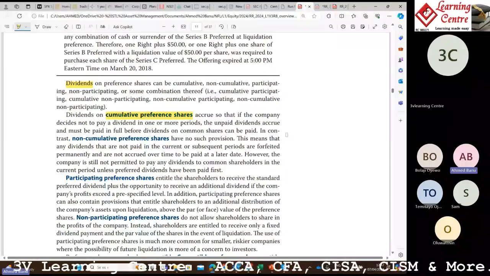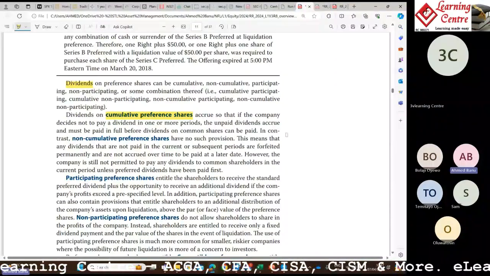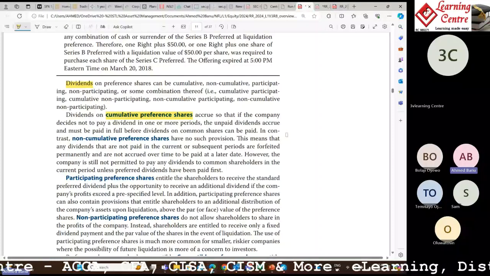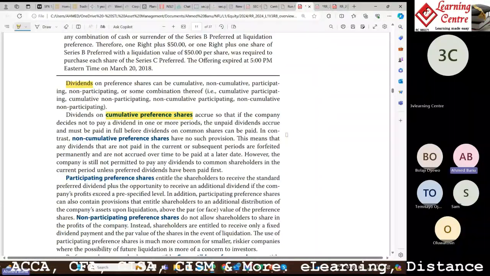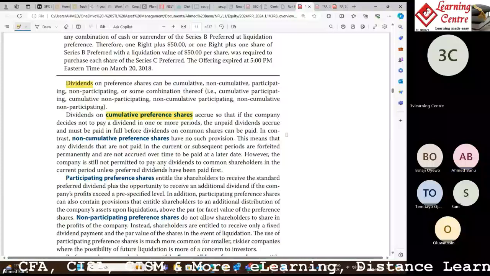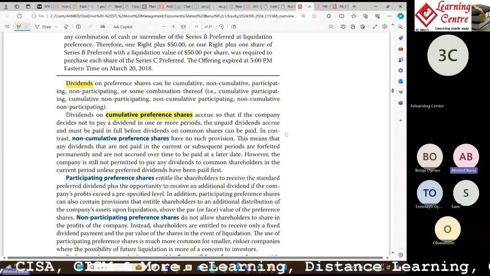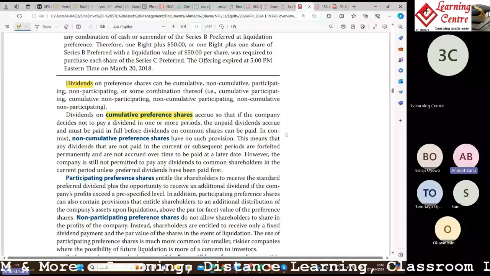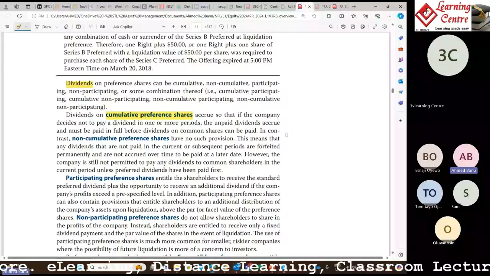So let me explain. Remember that we said dividends are a percentage of profit, and preference shareholders get from that percentage before ordinary shareholders. So let me use an example.